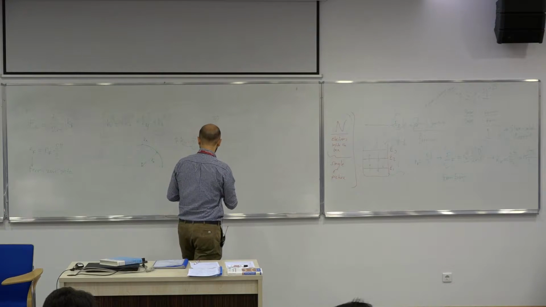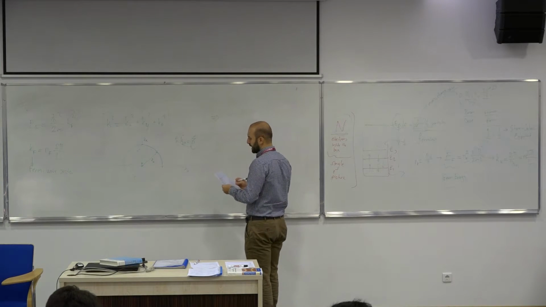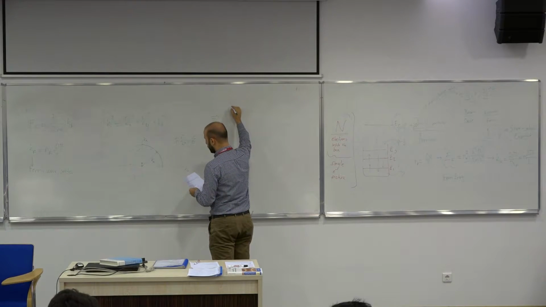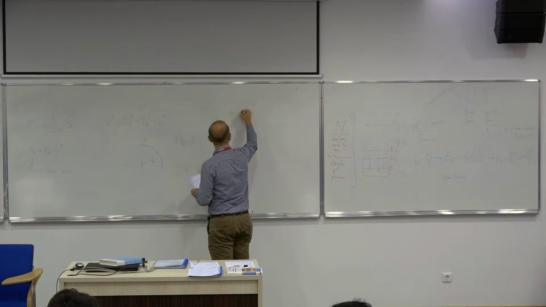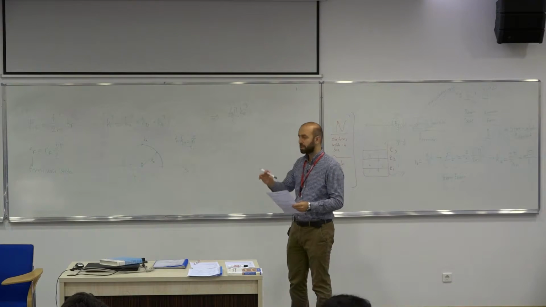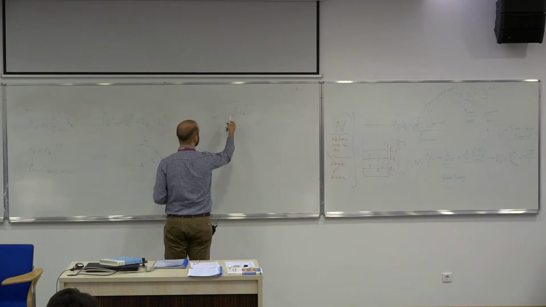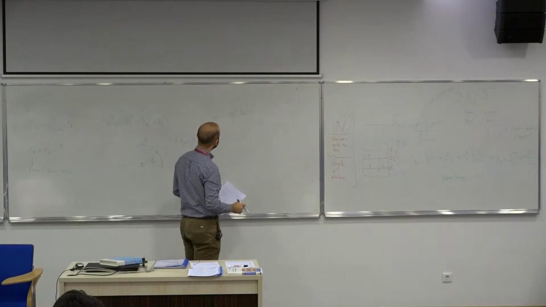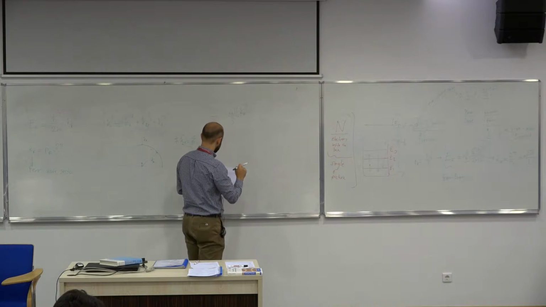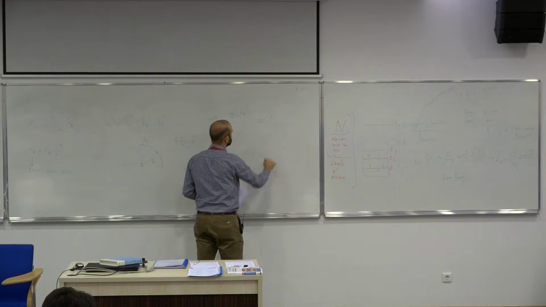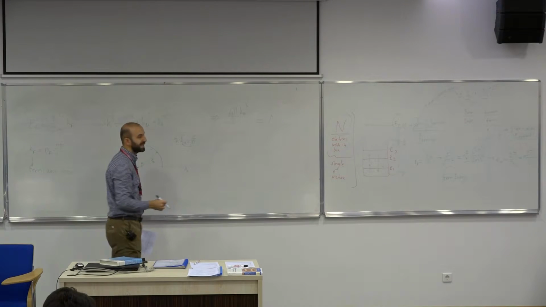But let's do this. Now, the sphere has a volume of 4 pi kf cubed divided by 3, right? So its radius is kf, and 4 pi kf cubed over 3 gives the volume. And what I'm interested in is finding the total number of electrons, so it should be n.